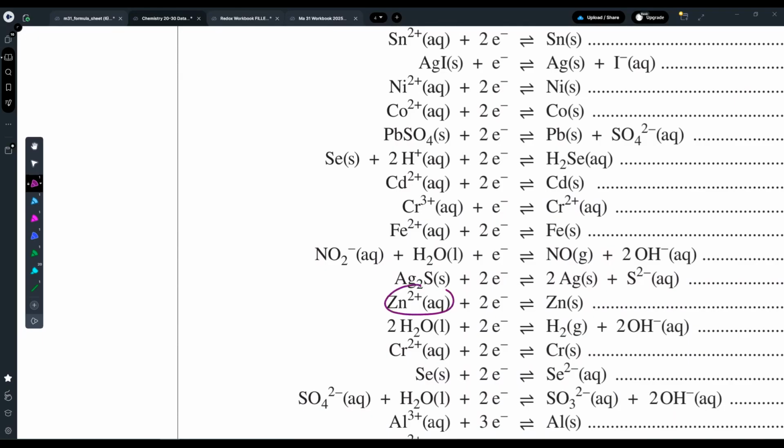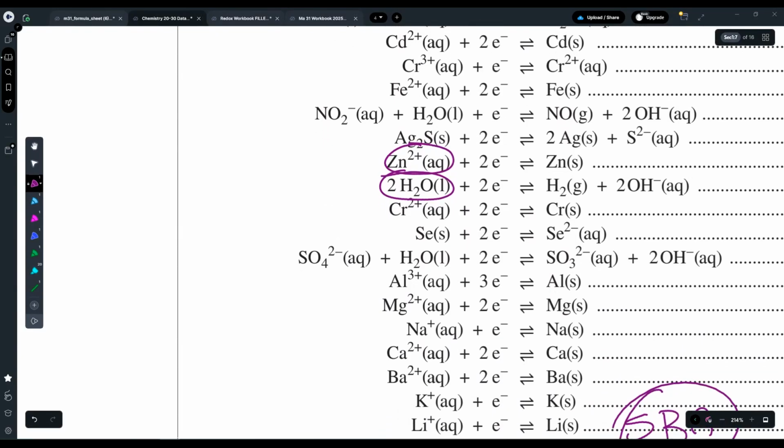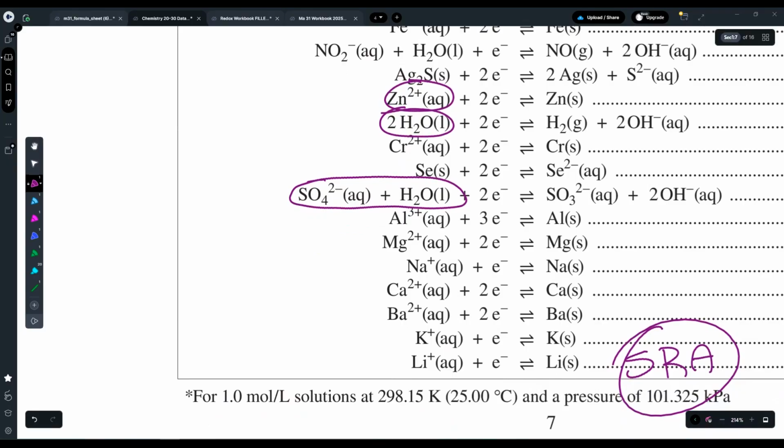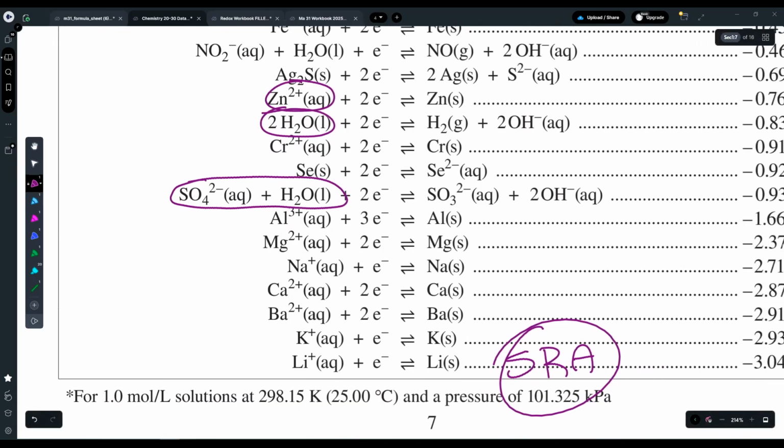I've got zinc 2+ and water. We also have sulfate and water, so we can use this reaction. I think that's it for the left-hand side.